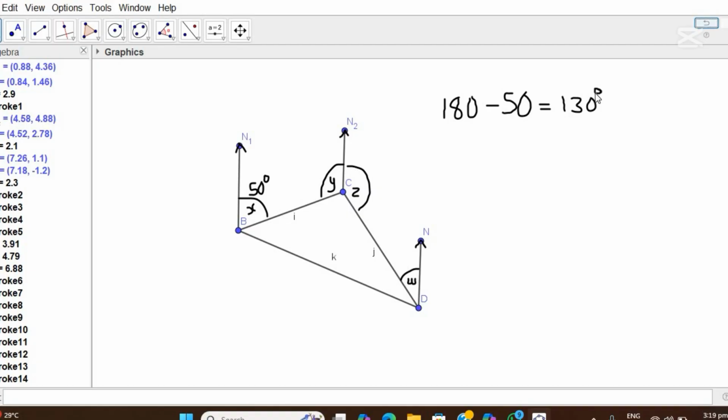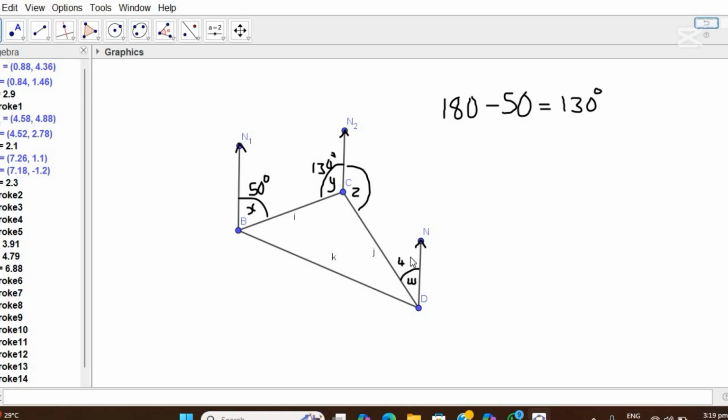So guess what? I'm going to leave you with a question, and you can put the solution in the comments after you have watched the video. Just go to the comment section and answer: what is the size of angle Z if I told you that angle W is 45 degrees?